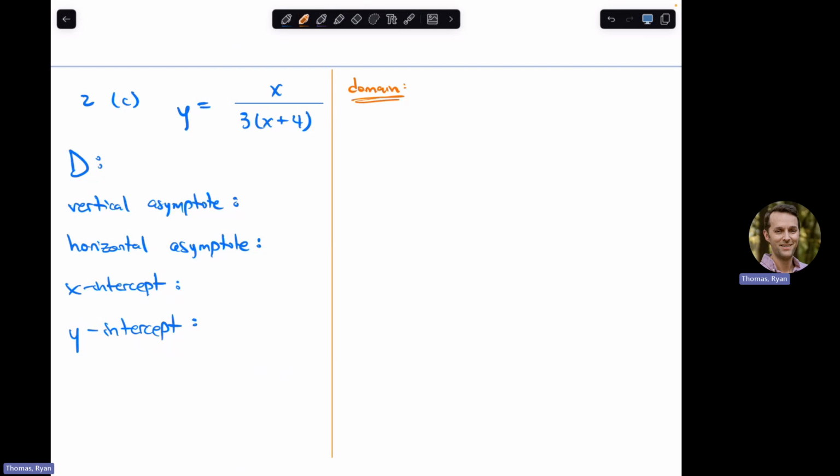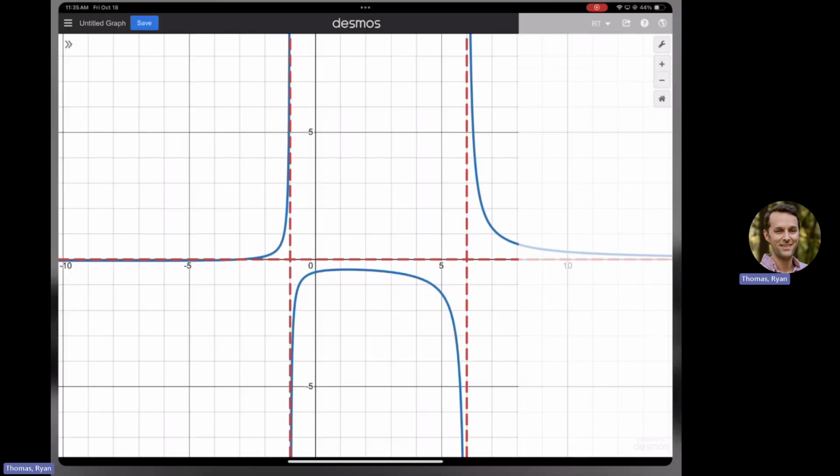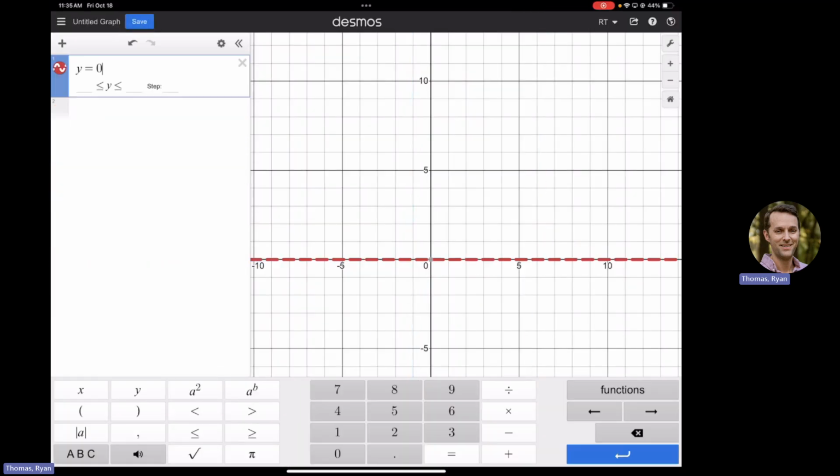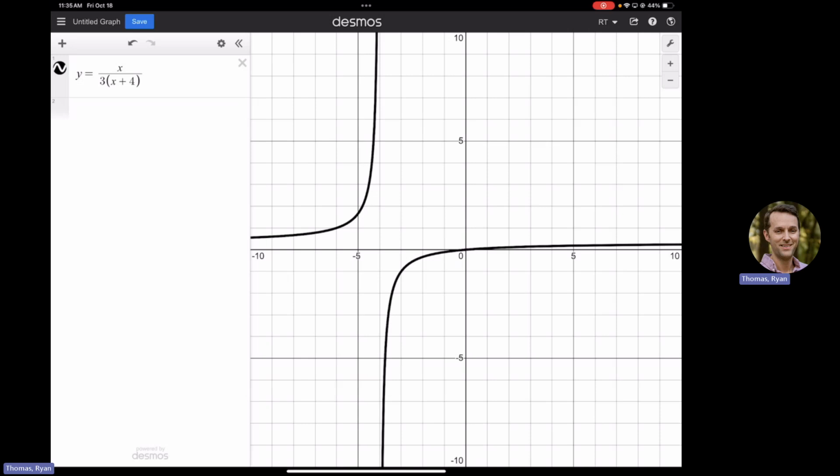What do we need to do? There's the graph.